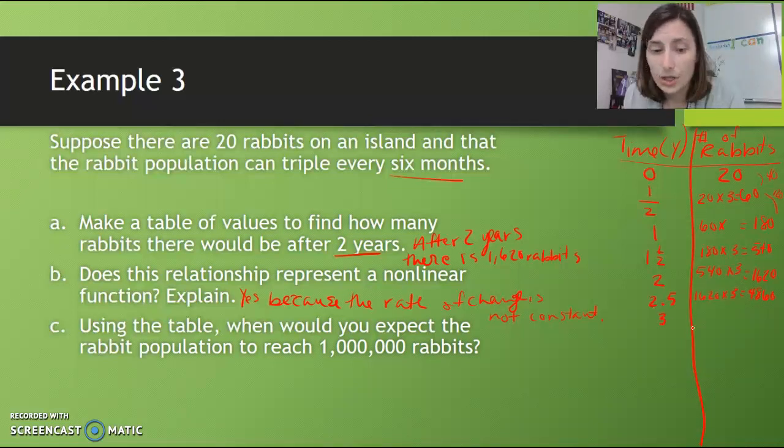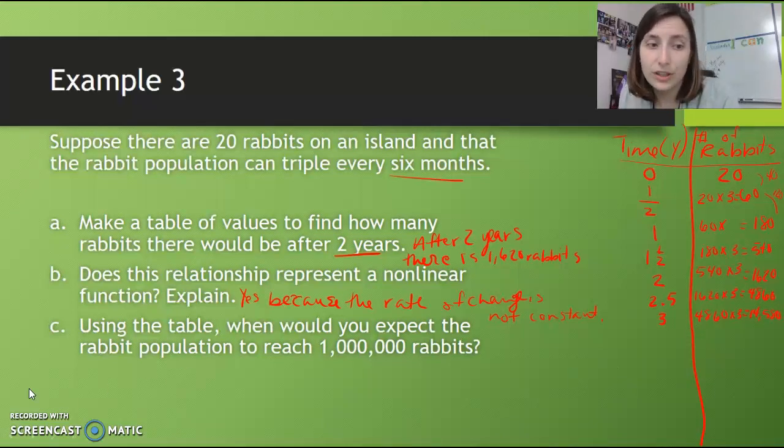And after 3 years, we're going to then take the 4,860 times 3 and get 14,580.